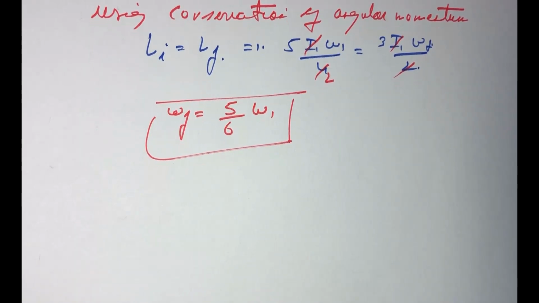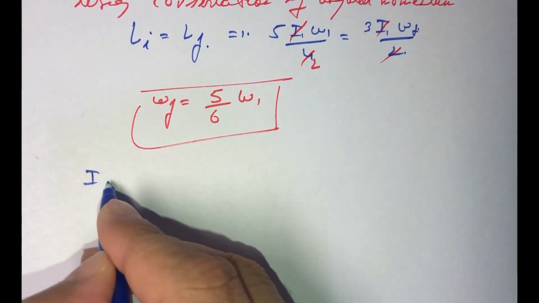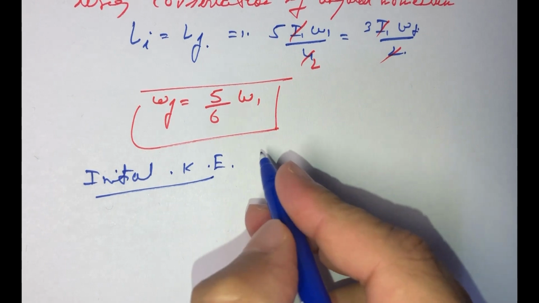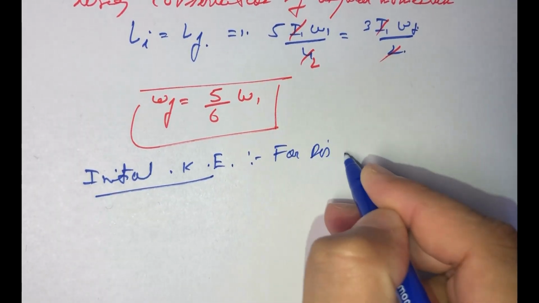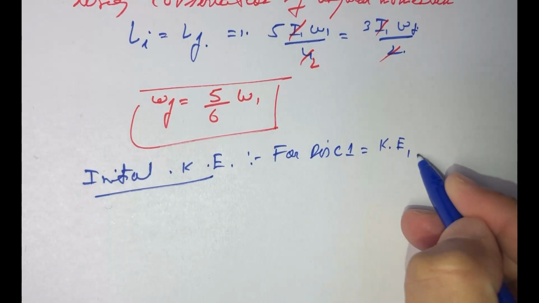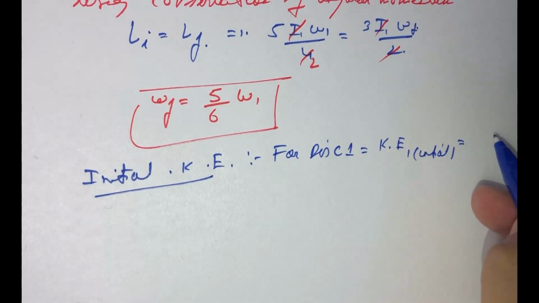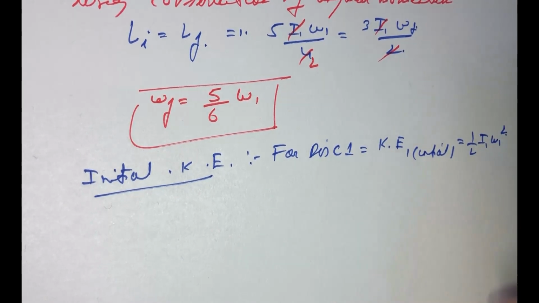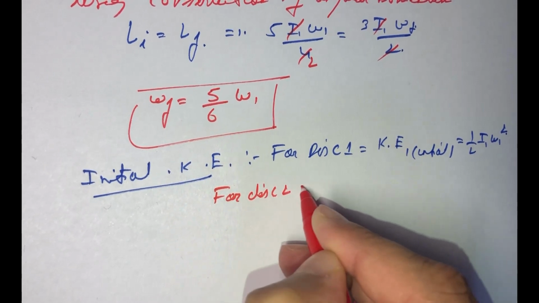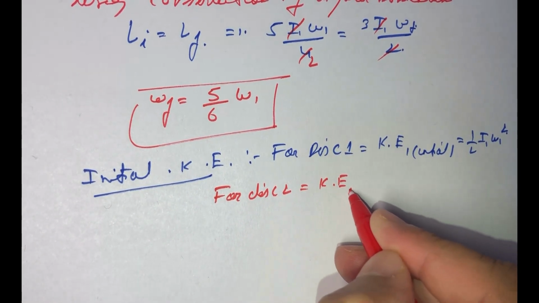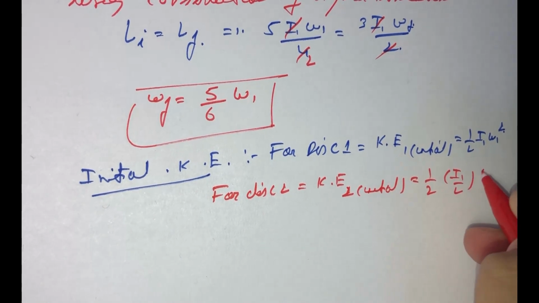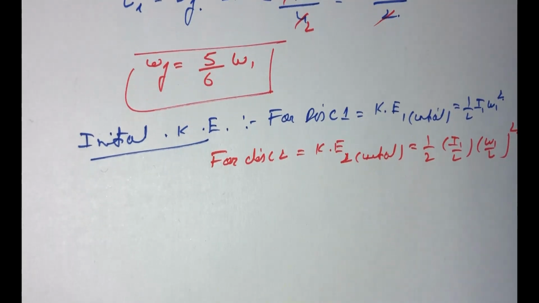Initial kinetic energy: first for disk 1, let us call it KE1 initial, which will be equal to half I1 omega 1 square, and next for disk 2, KE2 initial, which will be equal to 1 by 2 times I1 by 2 times omega 1 by 2 whole square.